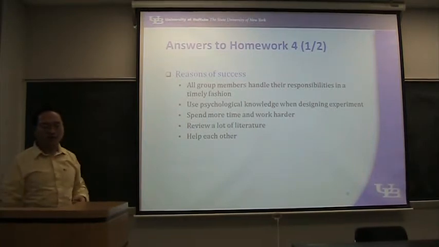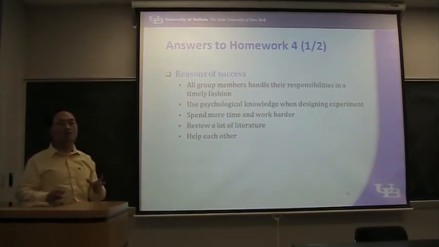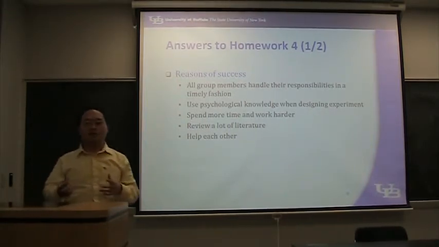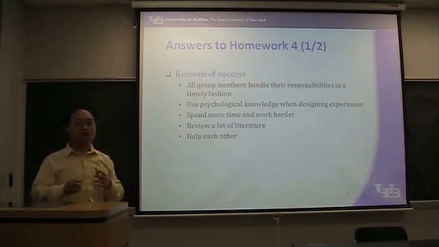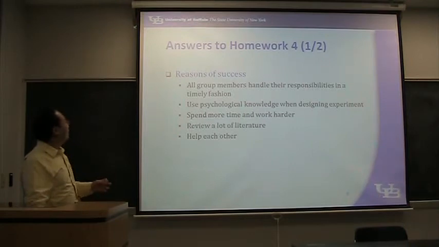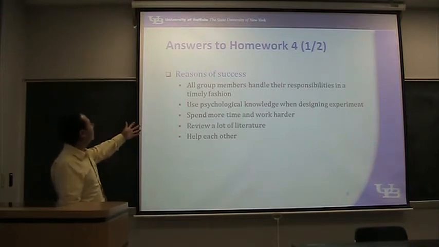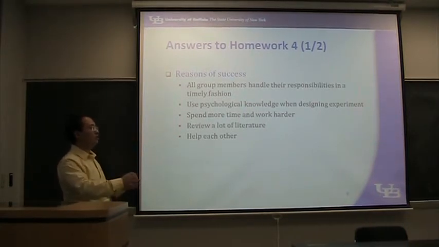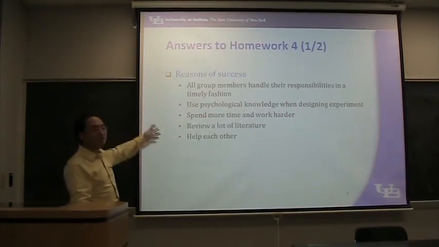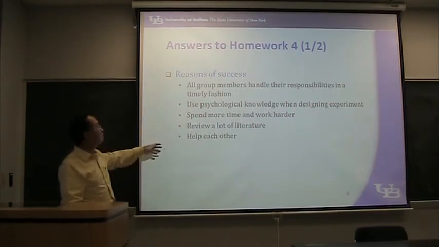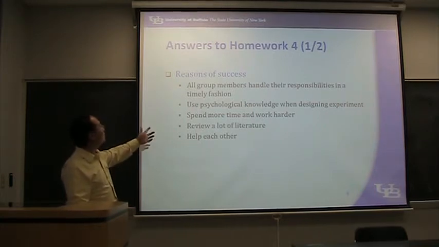Now let's go to homework 4, which was the project problem. I asked you to summarize one project you have ever done. First, most of you picked a successful project, and I summarize those possible reasons for success. The first one is all group members handle their responsibilities in a timely fashion.